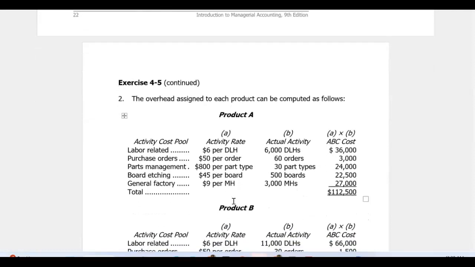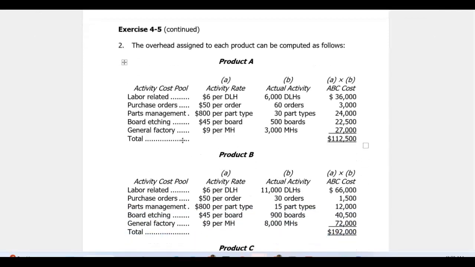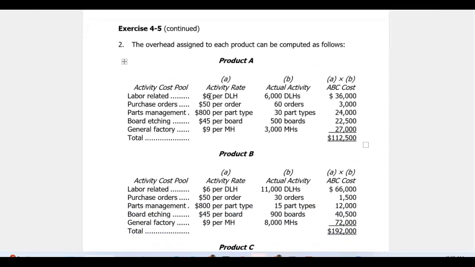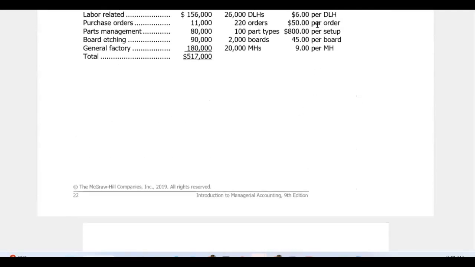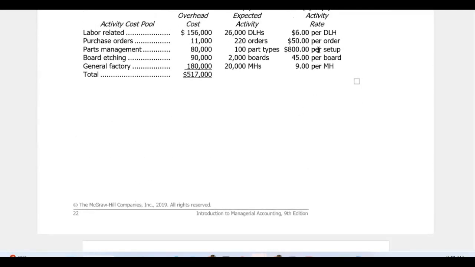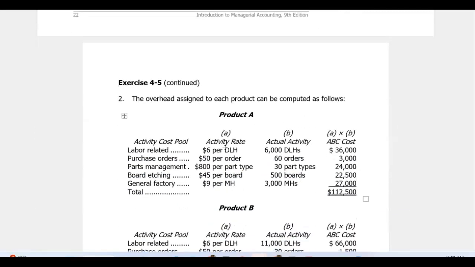Now, for each product, we calculate the overhead assigned. For product A, we have labor-related, and those rates were already calculated, remember? Here is the rate that we calculated. Here is the actual activity that happened: 6,000, 60, 30, 500, 3,000.